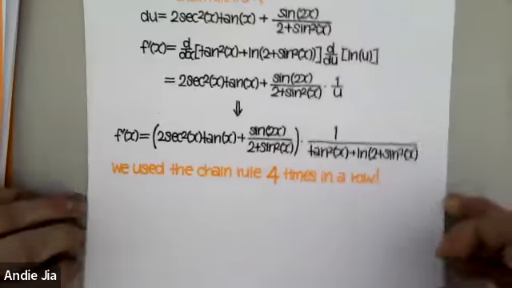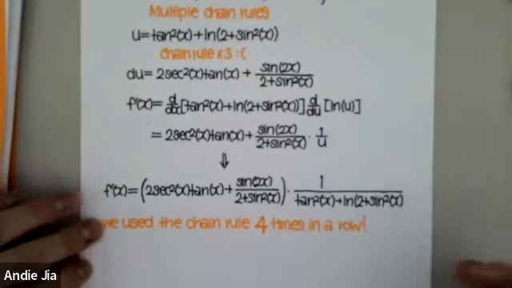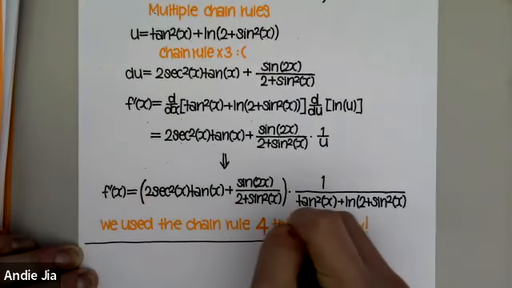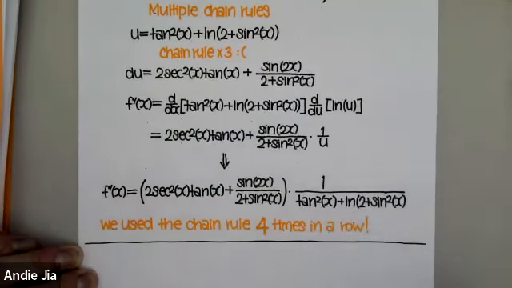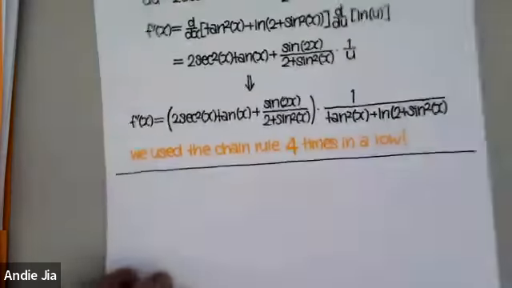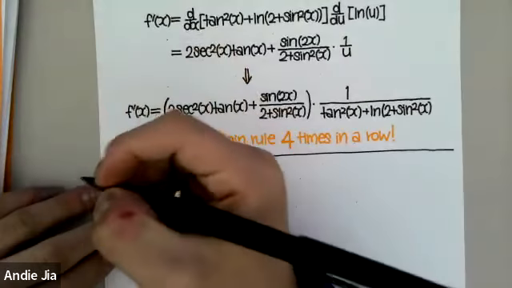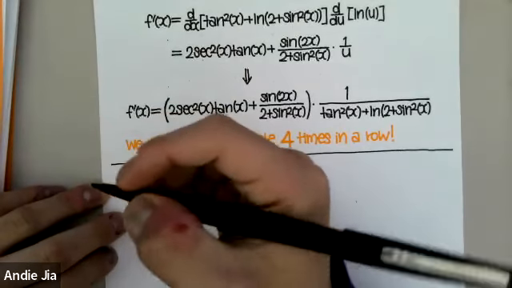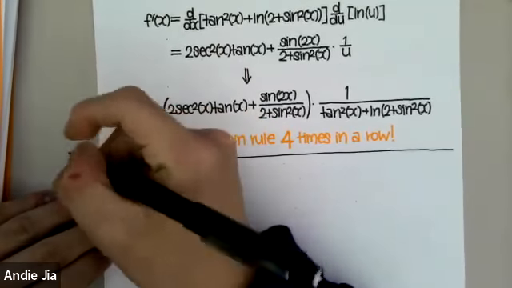Question B is going to be an easier one. It's going to be g of x. Oh, this is a product rule.